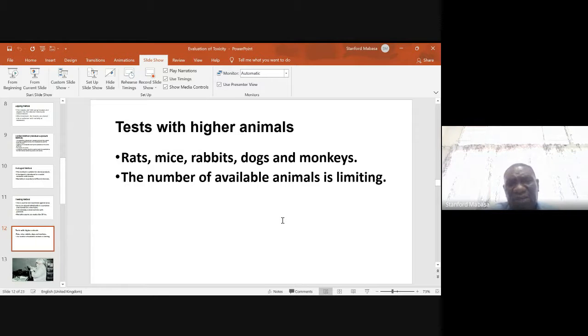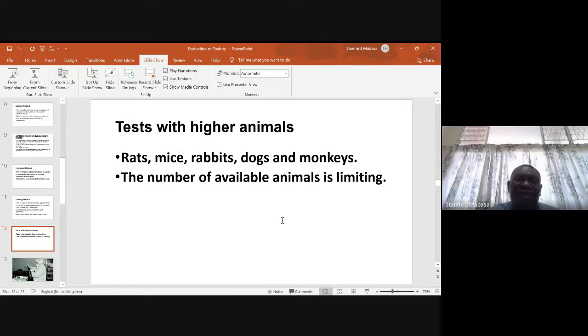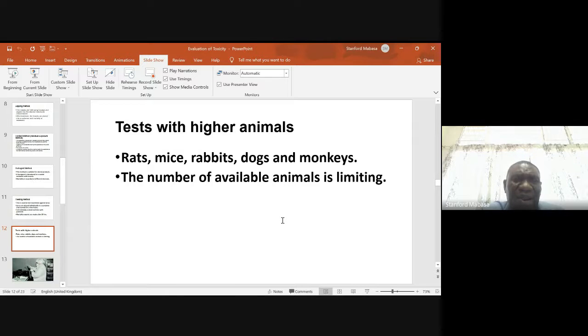Now, if you wanted to see how pesticides could be dangerous to human beings, you have to use some models, some animals which act like models, so that you can predict what can happen to humans.